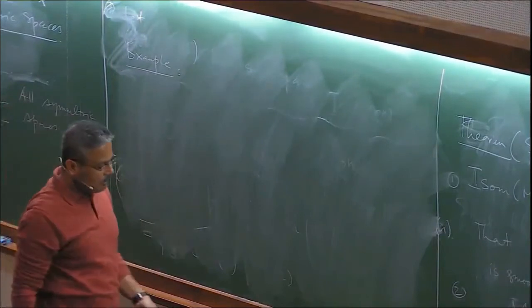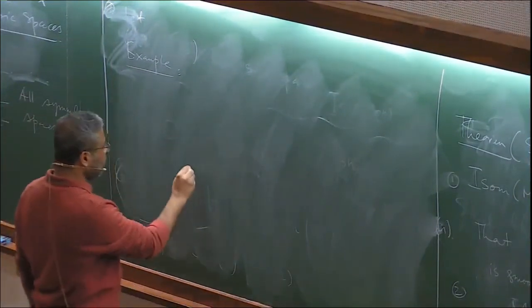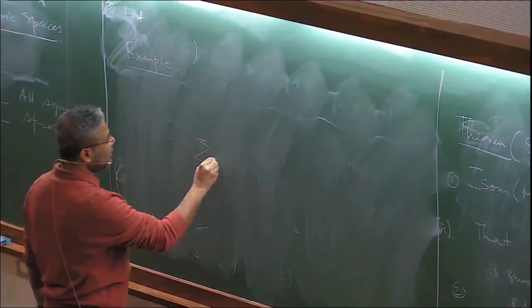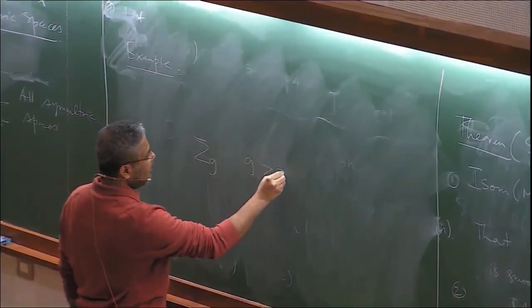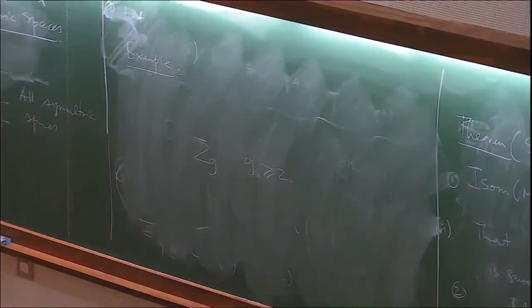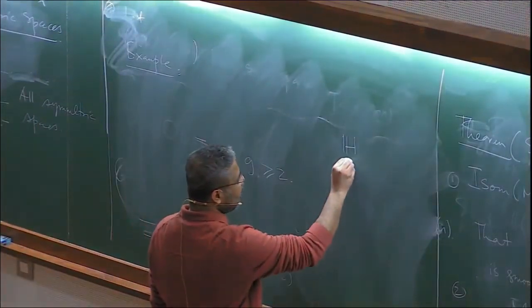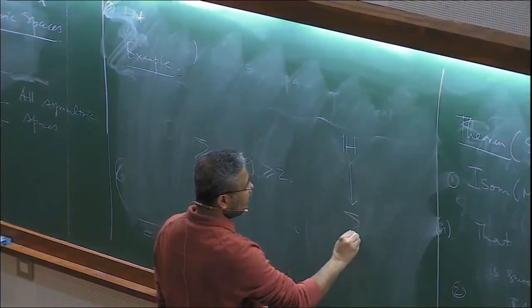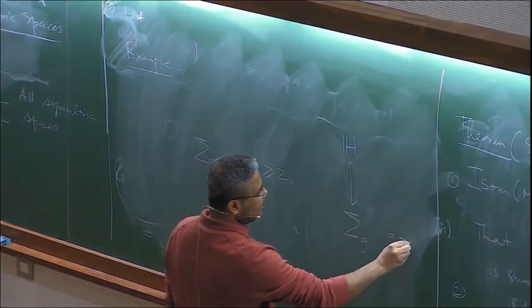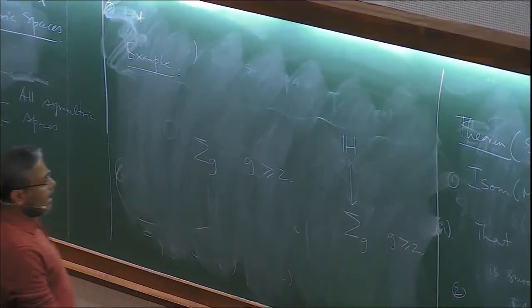So I consider a Riemann surface Σ_G of genus at least 2. And by the uniformization theorem, this is covered by H, since it is genus G at least 2.